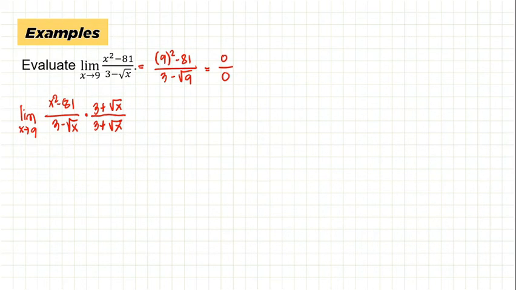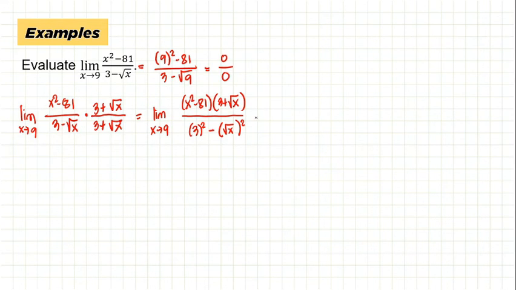By the way, you can also rationalize the numerator if yung radical sign nasa numerator. Okay? So we will have the limit of x squared minus 81 times 3 plus square root of x all over 3 squared. Take the square of the first term minus the square of the second term as x approaches 9.